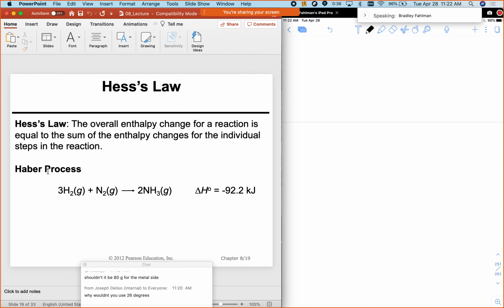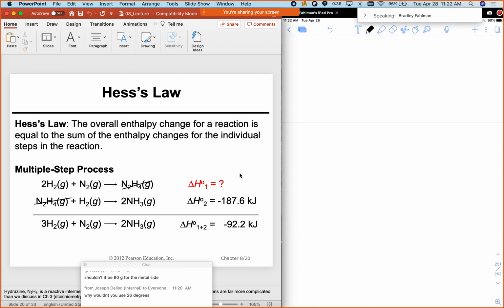So let's say this is the overall exothermic value, releasing 92.2 kilojoules of energy, then you can determine what the energetics of a separate step is.